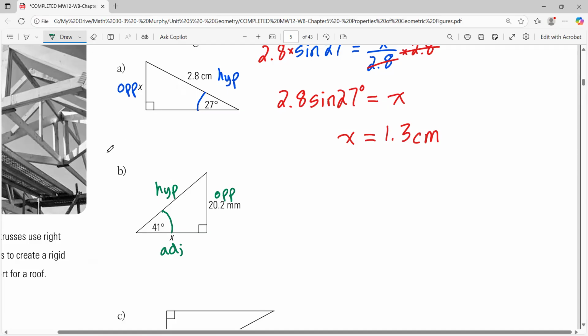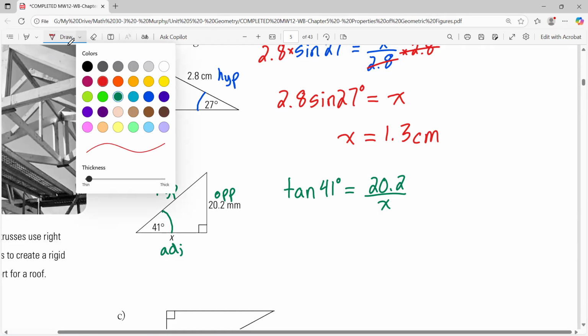So we are using tan. And replace anything with known values. So theta gets replaced with 41. Opposite is 20.2. And adjacent is x.